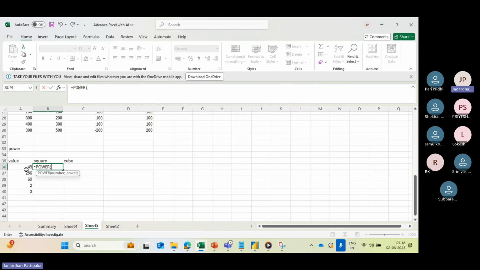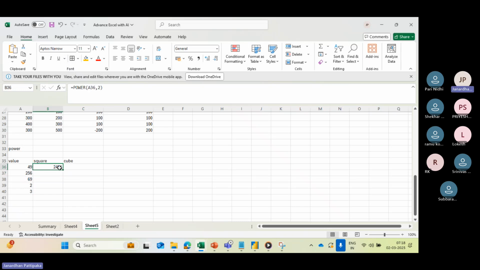I just need to select this value, power 49. After that, you need to give the comma, number and then mention the power. So after the number, it is asking for a comma. Just comma. So 49 to the power of how much do you want? Here I want the square, and square means 2. Select 2 and close the bracket. See, the square of 49 will be 2401.